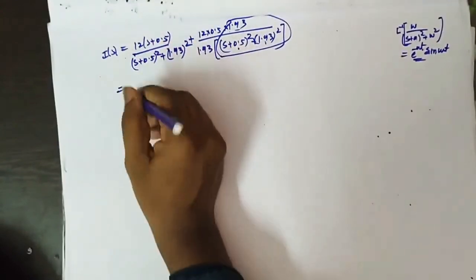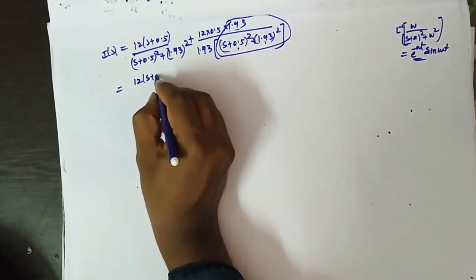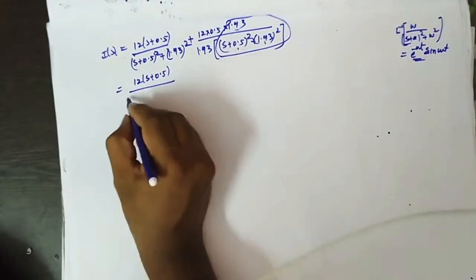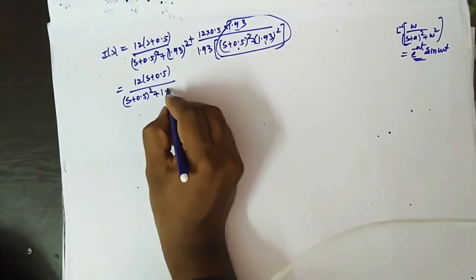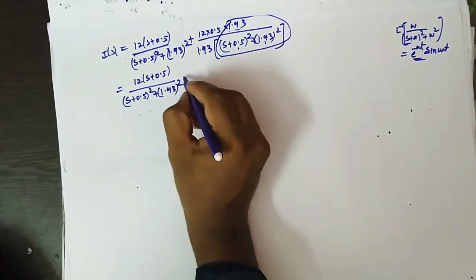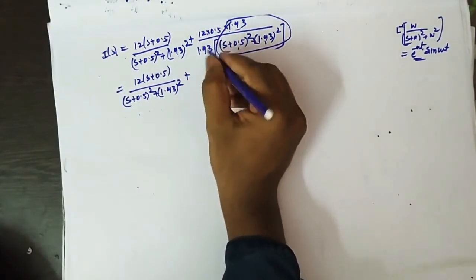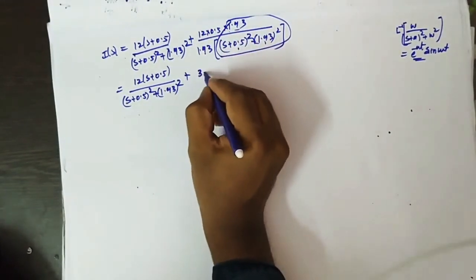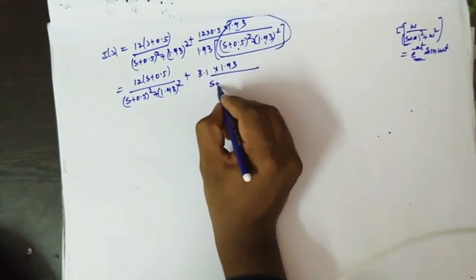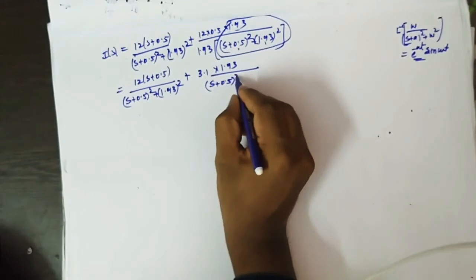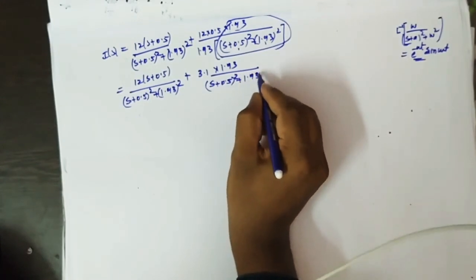Therefore this term can be written as 12 into s plus 0.5 by s plus 0.5 whole square plus 1.93 whole square, plus 3.1 into 1.93 by s plus 0.5 whole square plus 1.93 whole square.